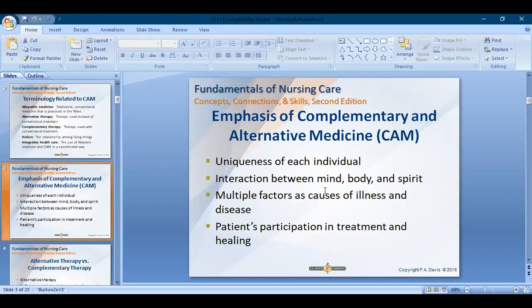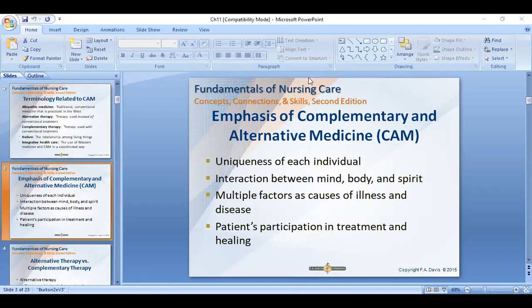So the main target of alternative therapy is to address the interaction between mind, body, and spirit, and multiple factors as causes of illness and disease. Also, patient participation in the treatment or healing. So this is called the emphasis of complementary medicine. So what area do we have to focus on?